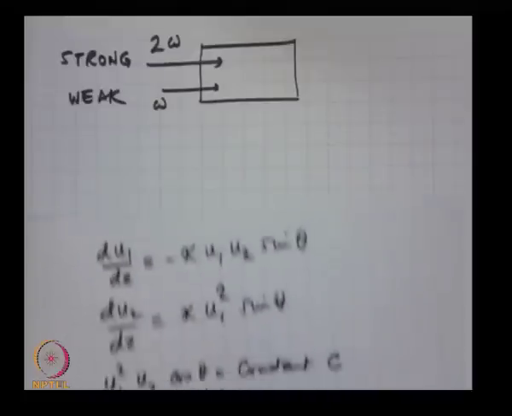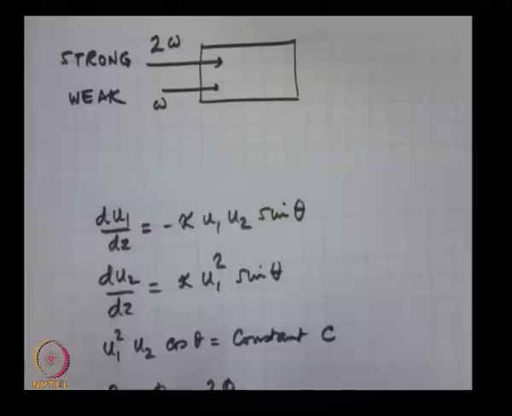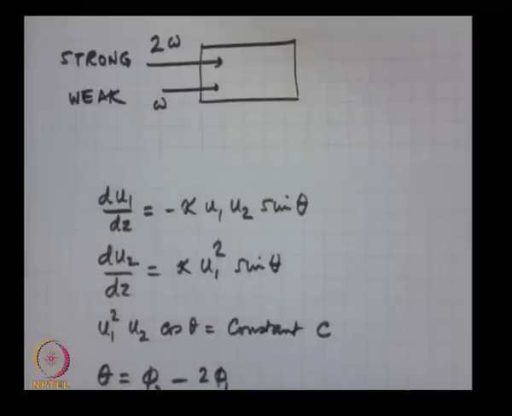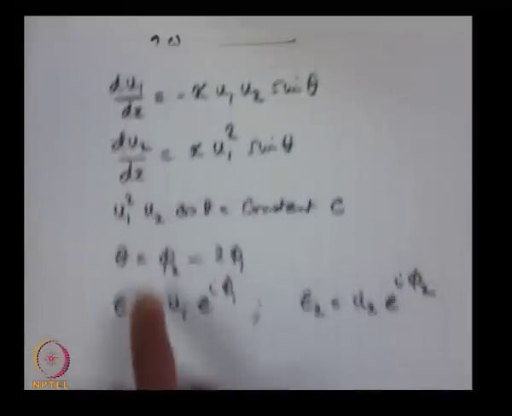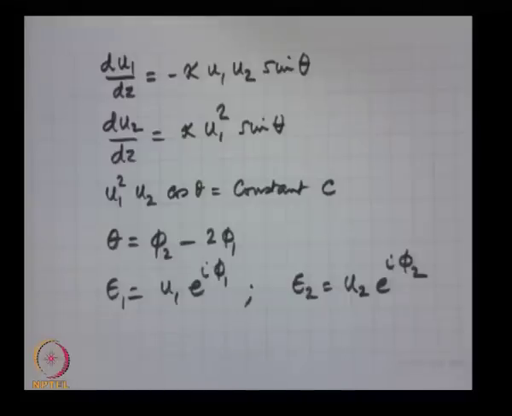Now, because I am incident with both omega and 2 omega, at z equal to 0, u1 square u2 cos theta is some value, depending on the values of u1, u2 and theta as I choose. So now I have a choice of theta.